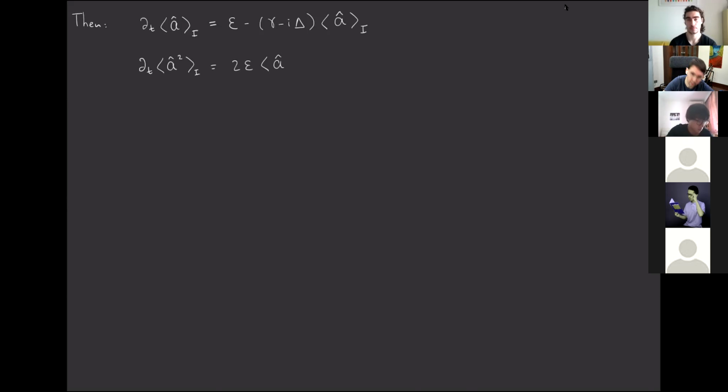You will get first something that depends on the linear term, and then an expression that depends on the second order moment.